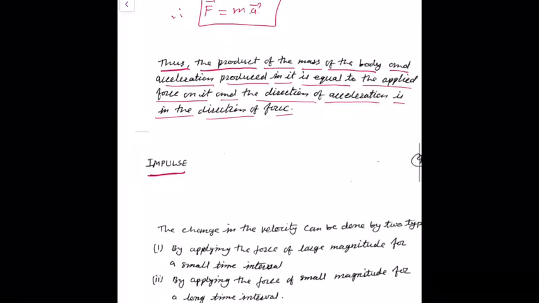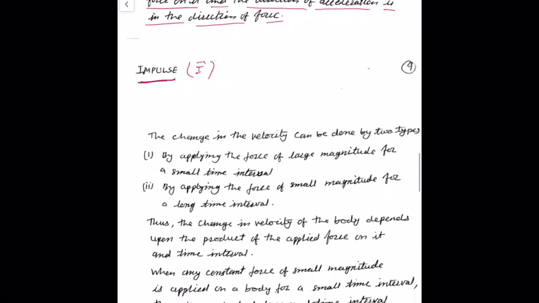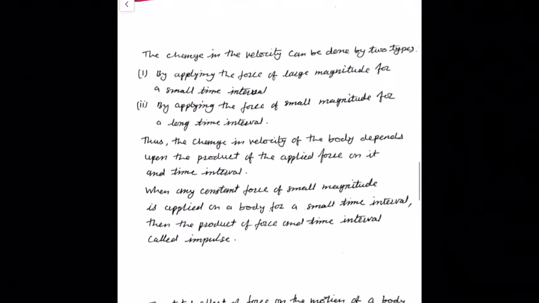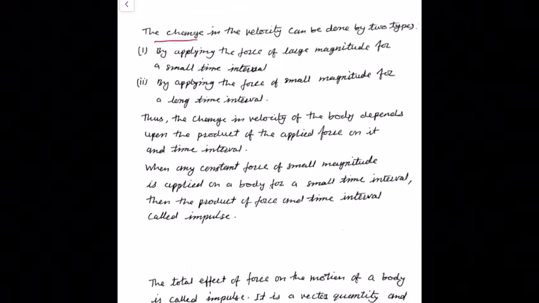Impulse is represented with I vector. The change in the velocity can be done by two types.